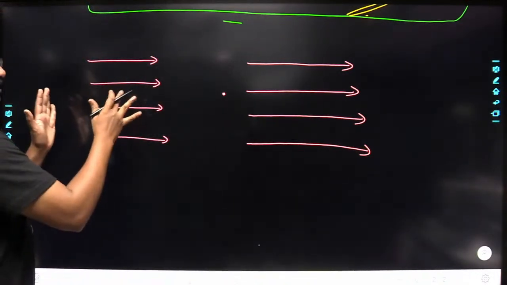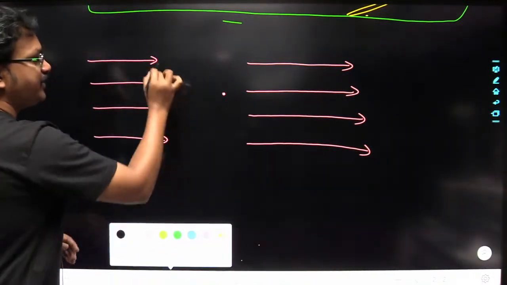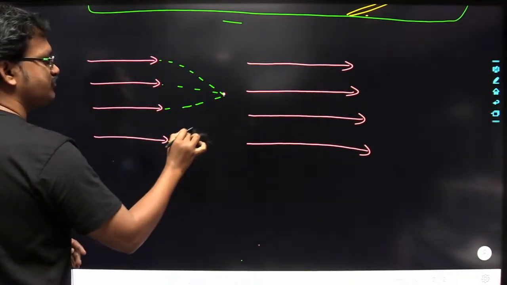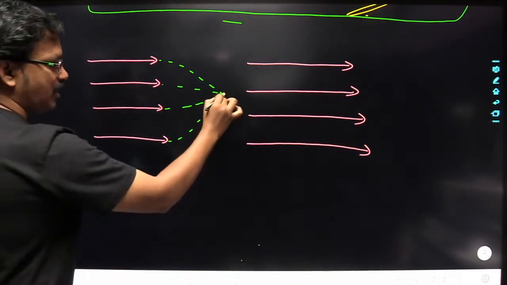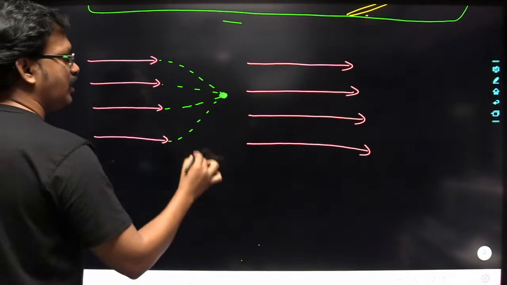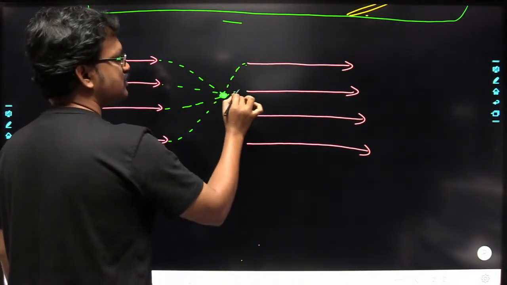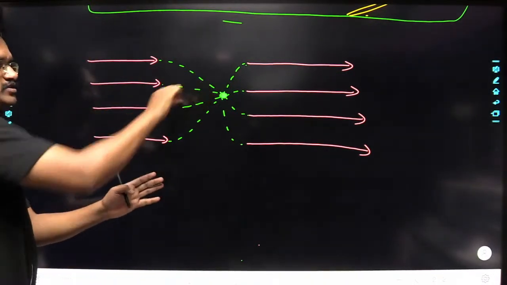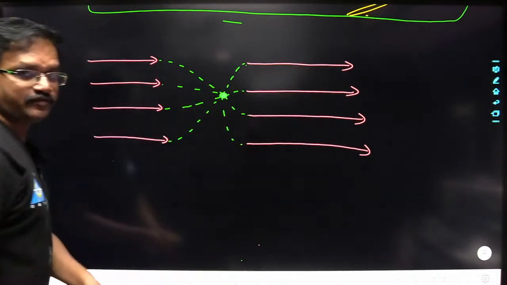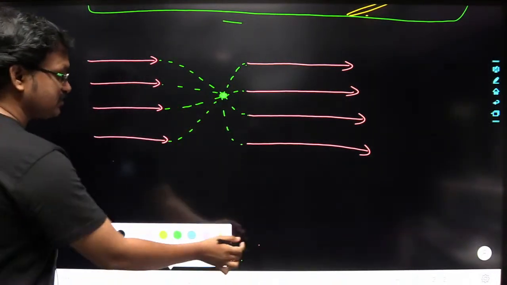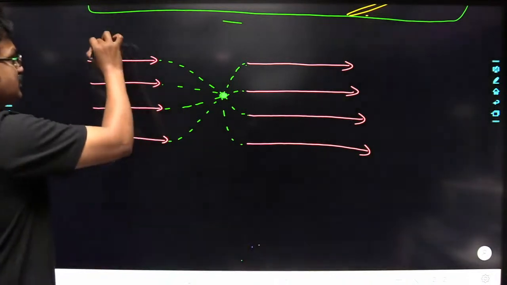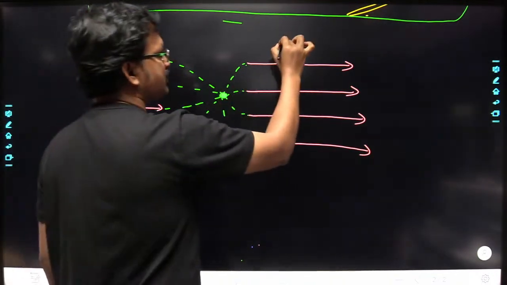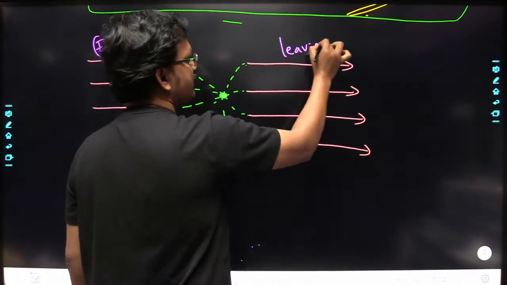This is the field that is entering towards this point, and this is the field that is leaving from this point. This is the entering field, and this is the vector field that is leaving.